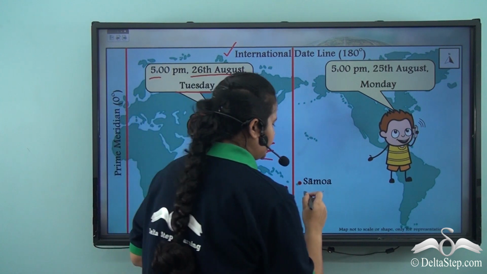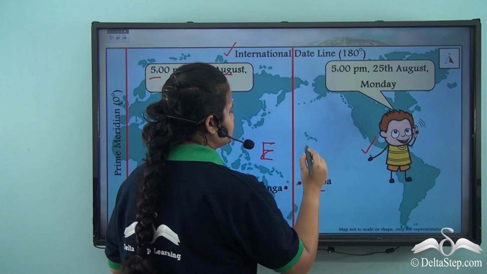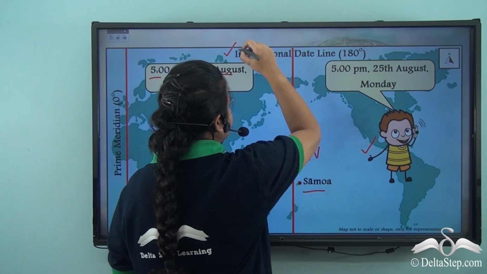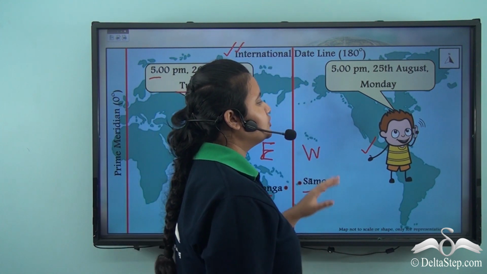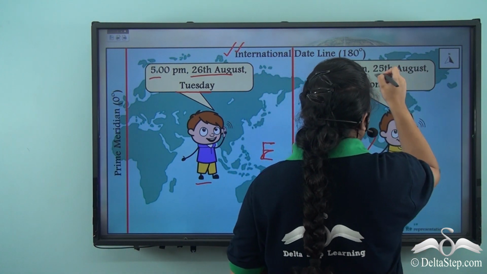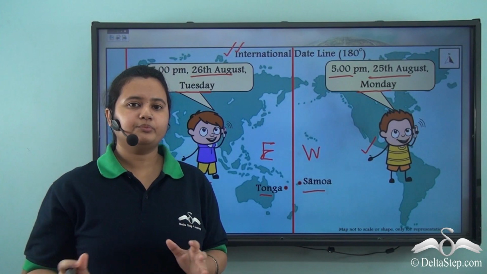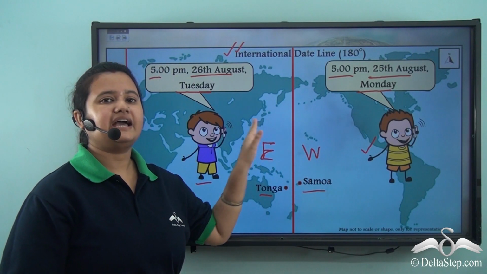While Samoa, the place where Donan lives, lies to the west of the international date line. So according to his place of location, it is 5 p.m., 25th August, Monday.